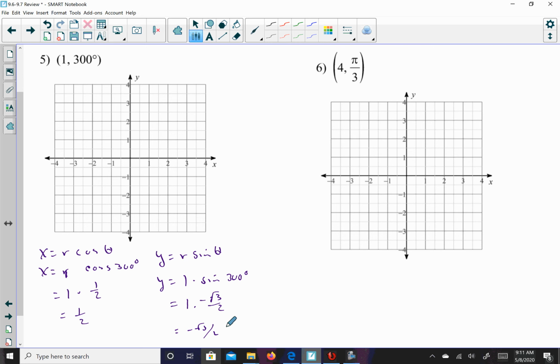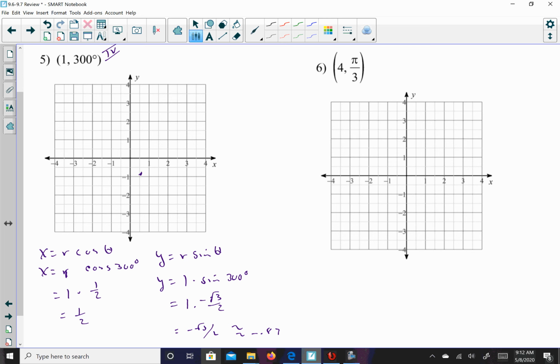If I wanted to graph this on the paper that I have, I'm probably going to need a decimal approximation for that. And so that's going to be approximately negative 0.87. So I'm going to do 1/2, negative 0.87, plot that point right there. And doing a double check, 300 degrees I know is in my fourth quadrant. This point is in my fourth quadrant, so they do match.